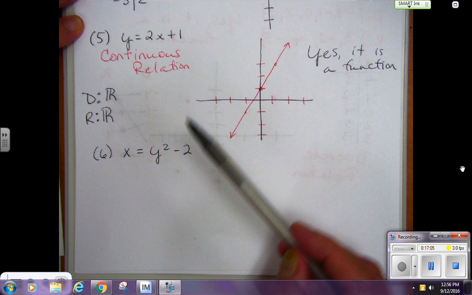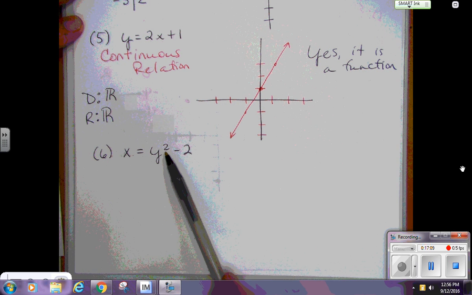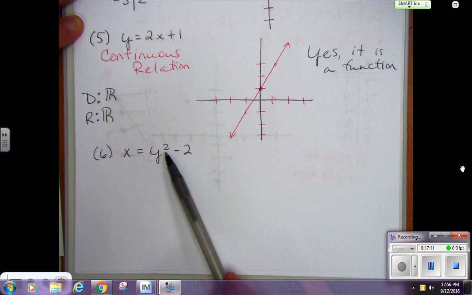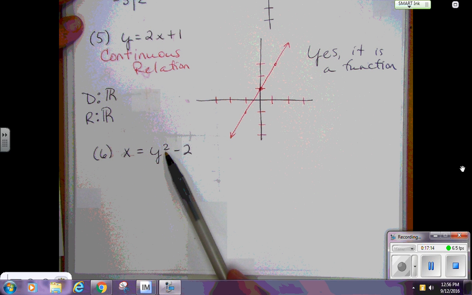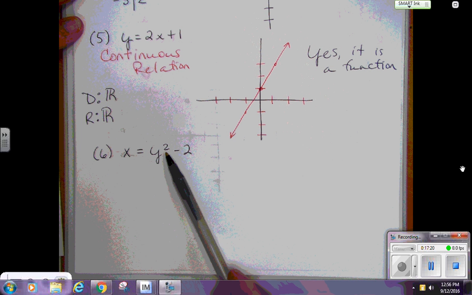You talked about this the last part of Algebra 1. It starts with a P. It rhymes with parabola. Parabola, very good, that's right. A squared term is going to make it into the shape of a parabola.